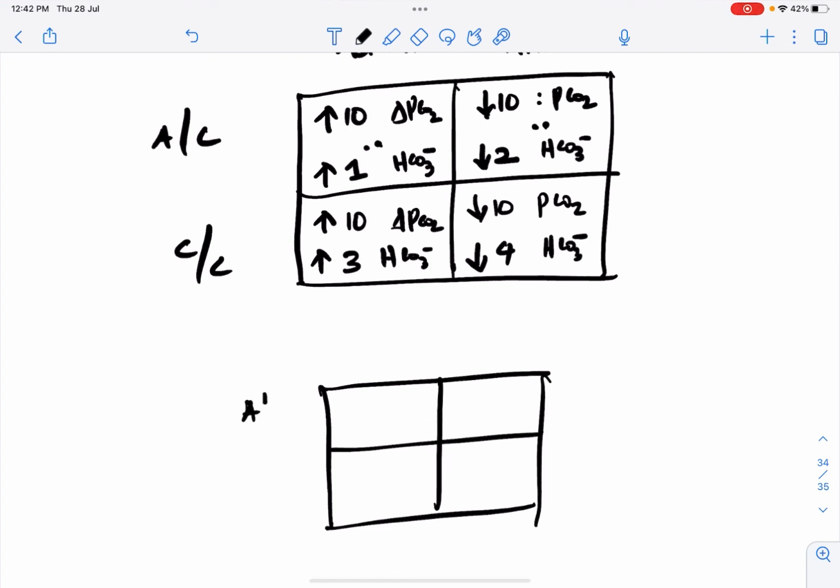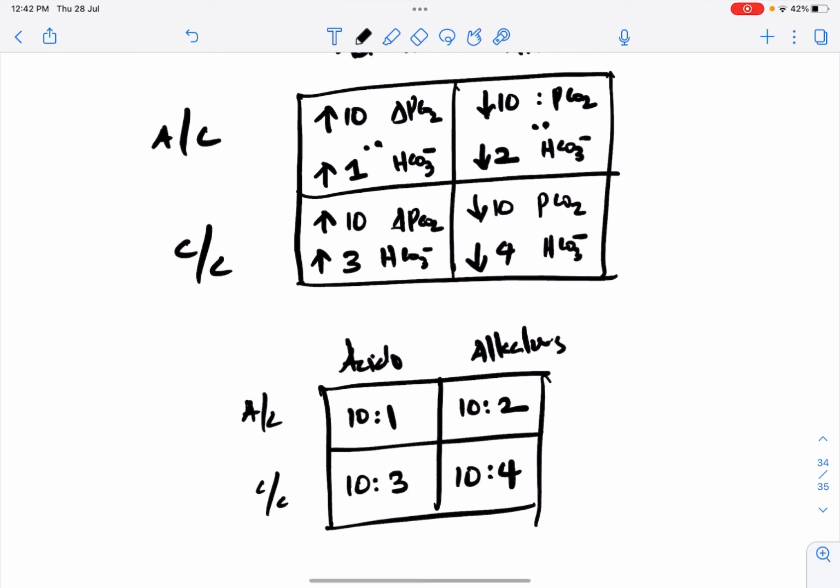We have acute, chronic, acidosis, alkalosis. So it is like 10:1, 10:2, 10:3, and 10:4. It's like a delta PCO2 to delta bicarbonate ratio.